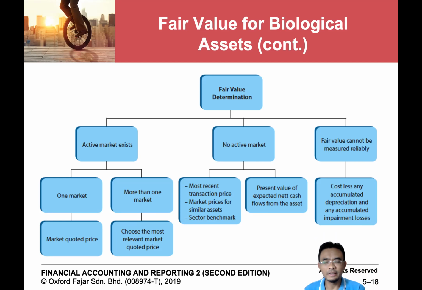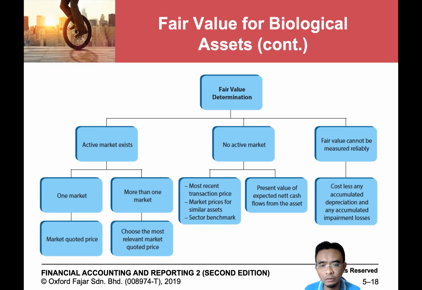If there is no active market, say our agricultural produce has no active market, probably because the produce is very rare in our place or in our country, so maybe the market does not exist yet. What we should do is find either the most recent transaction price, or the market price for similar assets, or a sector benchmark.